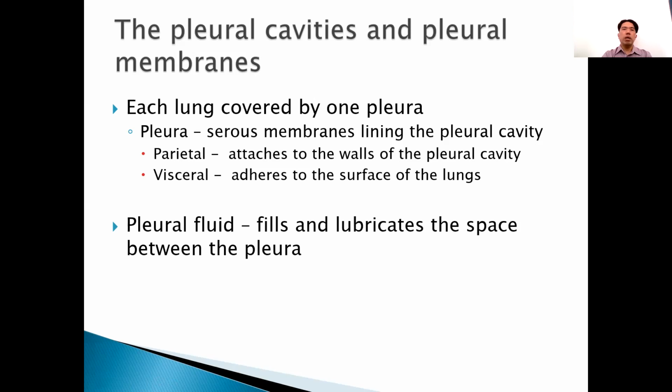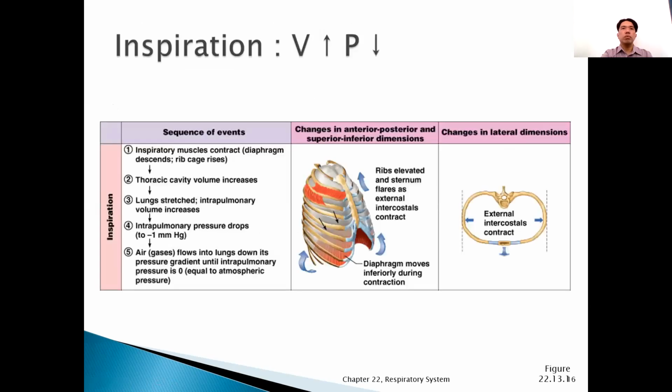So the parietal, on the other hand, attaches to the pleural cavity. It's responsible for housing pleural fluid in between. So in between the parietal and the visceral pleura, there should be enough pleural fluid to lubricate whenever you do your respiration. Whenever you do your inspiration and expiration, you have to have the lungs sliding through the intercostal spaces. So you should have at least physiologic pleural fluid.